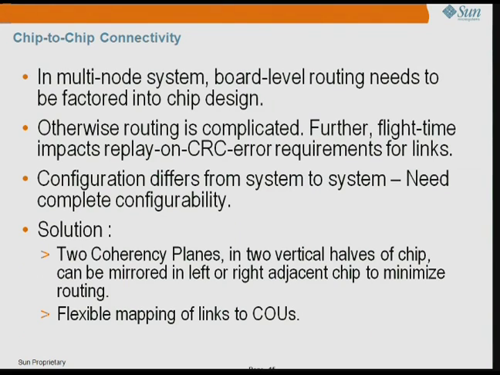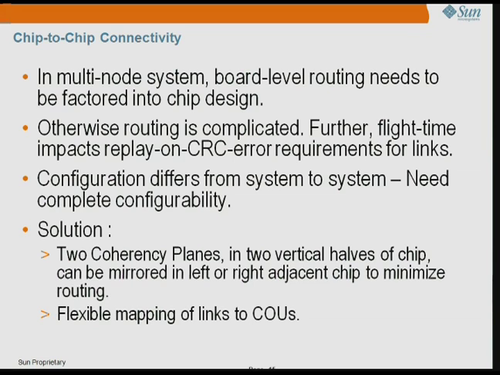And then there's chip-to-chip connectivity. We've done better than the prior generation in terms of multi-node connectivity by removing the need for a coherence hub leading to a hop between nodes. That also complicates the system design in some sense because these traces on the board have to be kept within a certain limit.